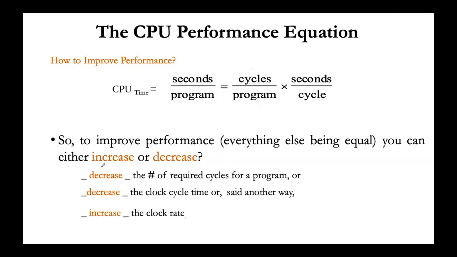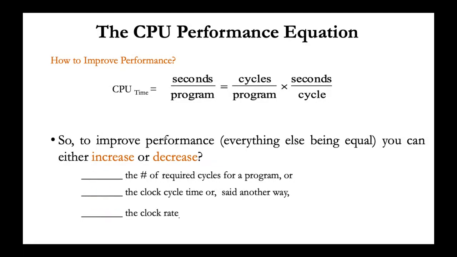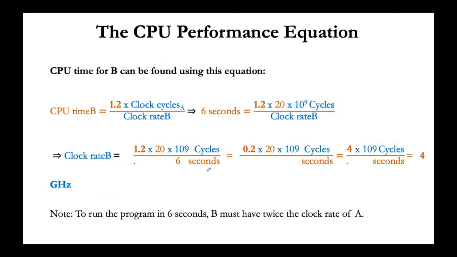So the answer is: to improve the performance, you can decrease the number of required cycles per program, or decrease the clock cycle time, or increase the clock rate. Okay. So, from this equation, you can find again.